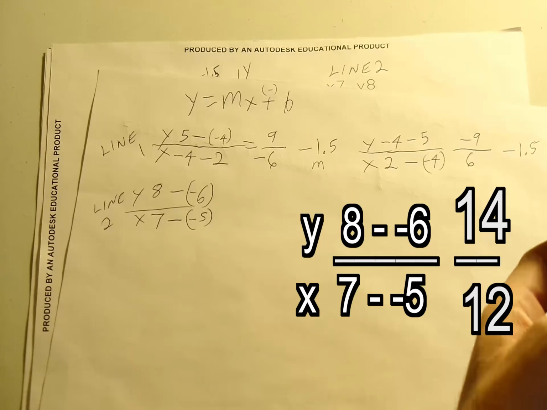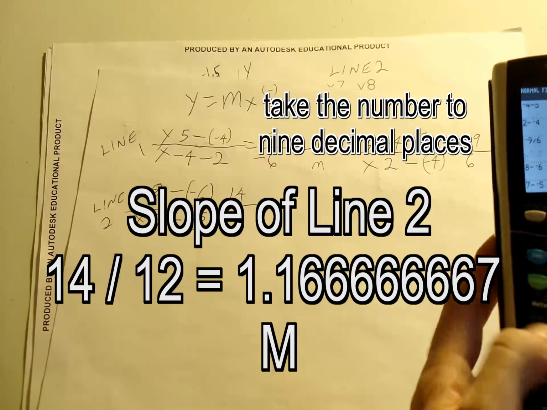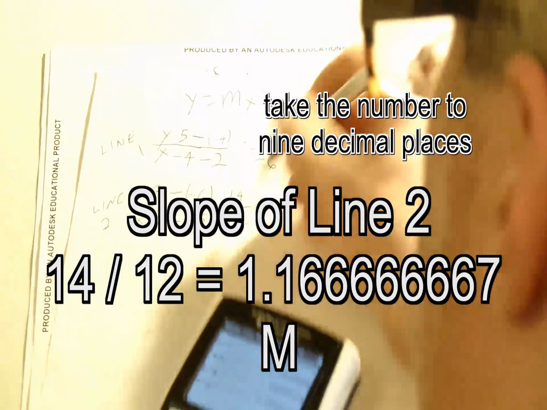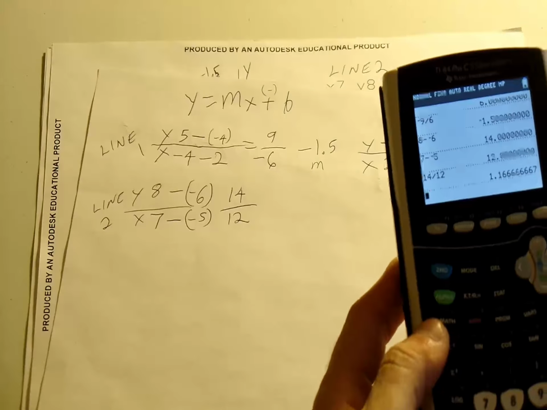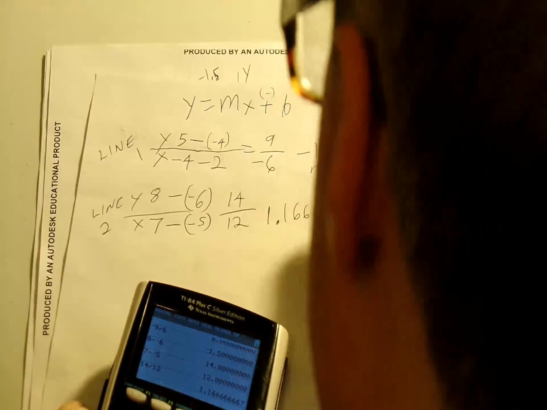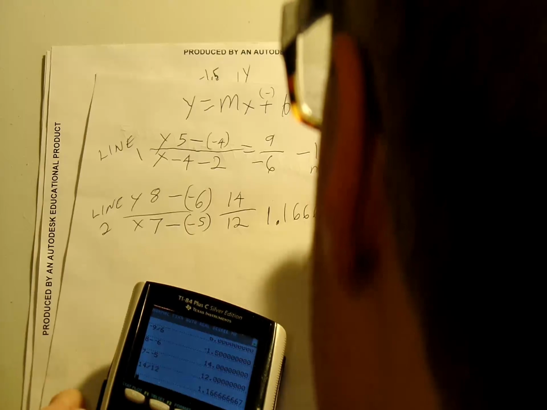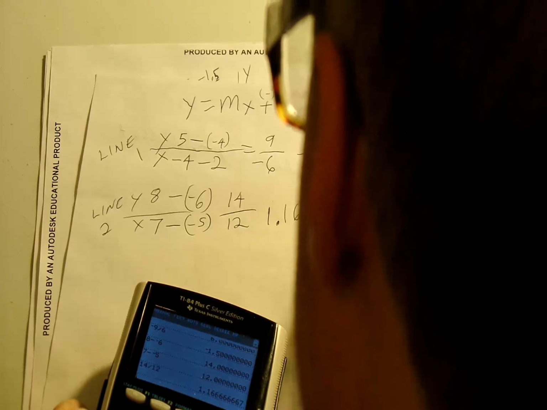And that is 1.166666666666667. And I kept going, but only take it to 9 decimal places, please. And again, this will help in rounding later on, because you don't want to have a rounding issue when you're trying to get the x and y intersection.